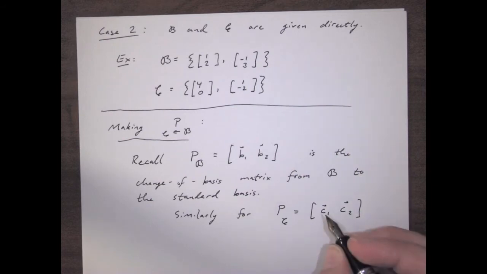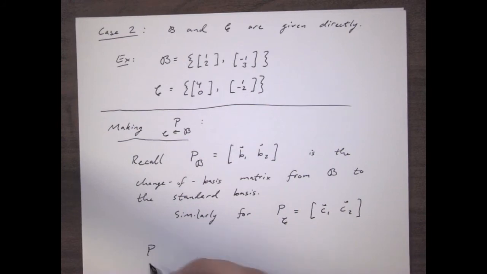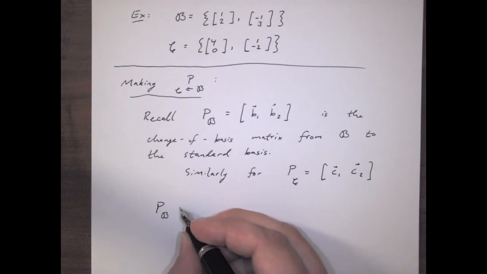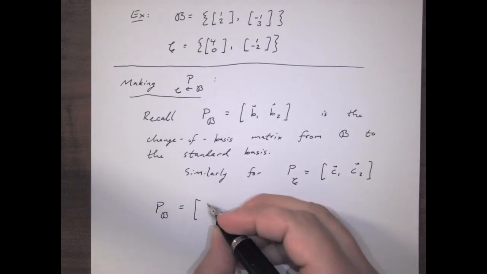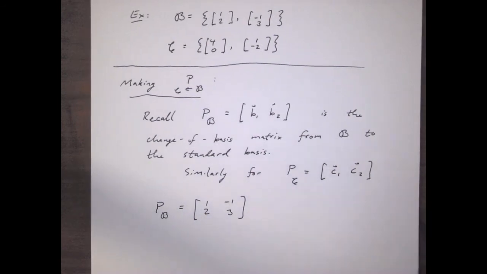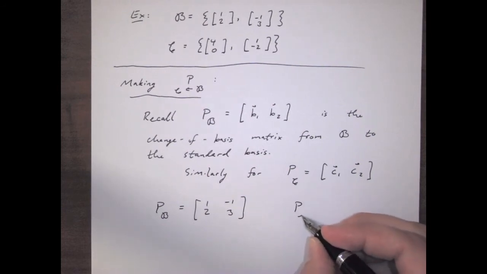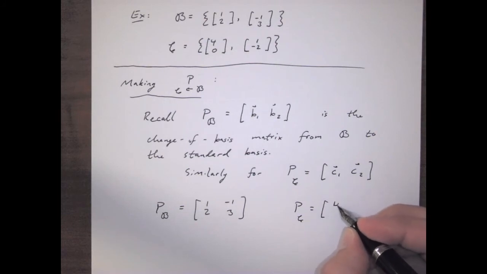So P sub B, not B towards anything, just B towards the standard basis, would be 1, 2, -1, 3. Also, P sub C would be 4, 0, 1, -2.